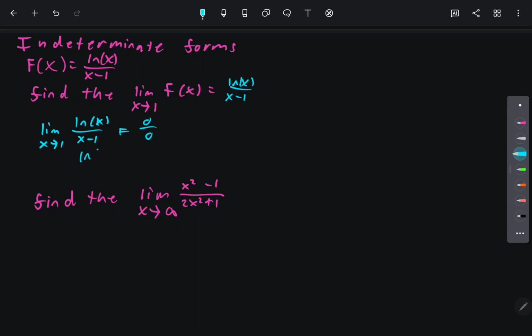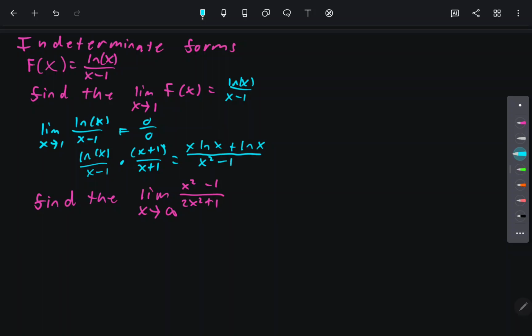So we're going to take the natural log of x divided by x minus 1 and times it by x plus 1 divided by x plus 1. So what we get in the numerator here is x natural log of x plus the natural log of x divided by x squared minus 1.